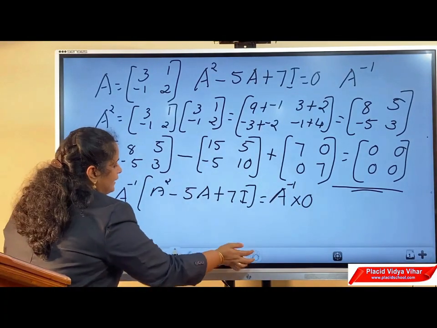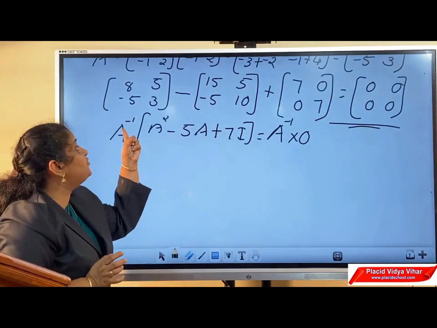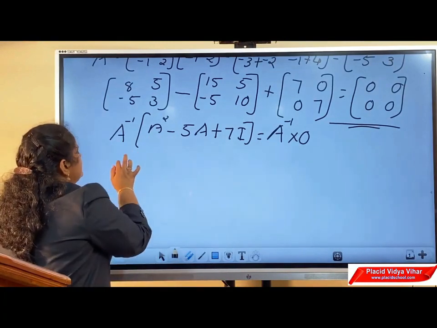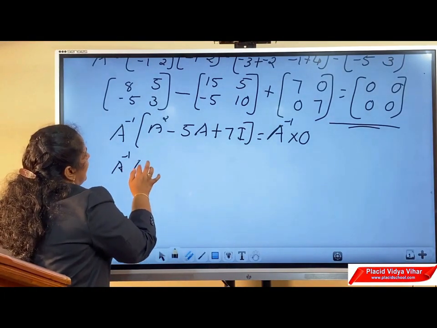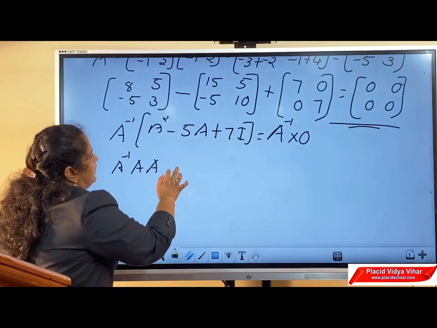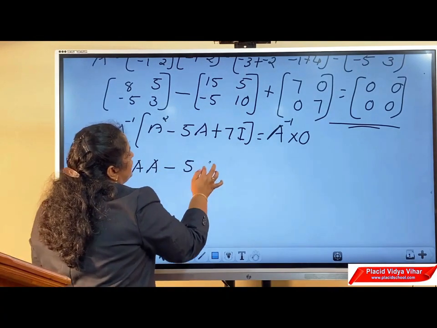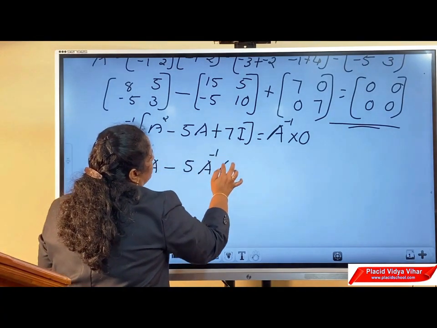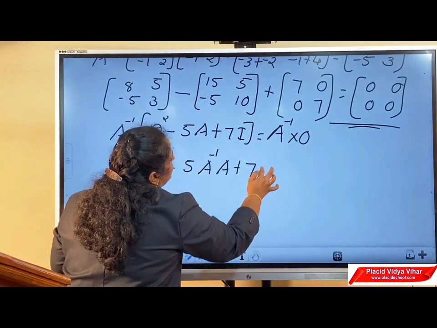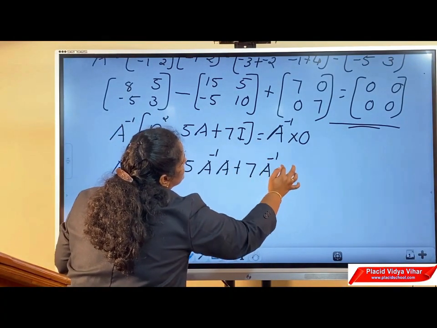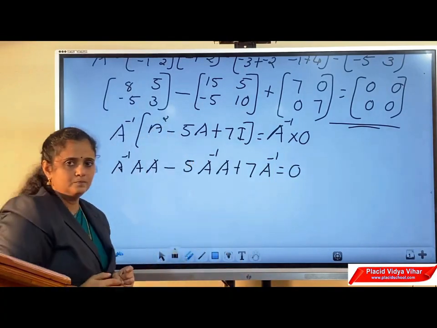When we remove the bracket, A inverse into A square can be written as A into A, minus 5 into A inverse into A, plus 7 into A inverse is equal to 0.